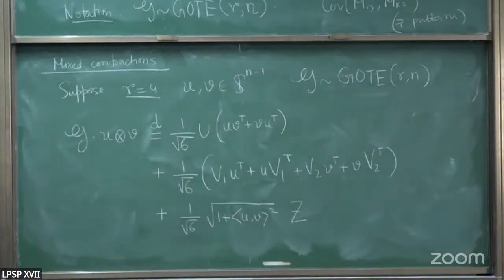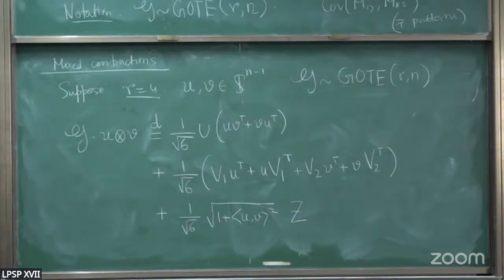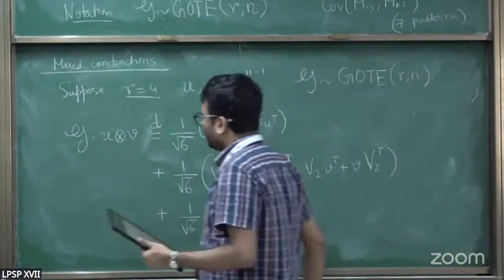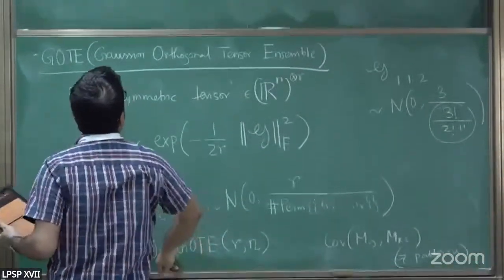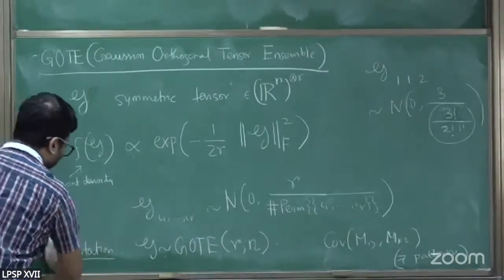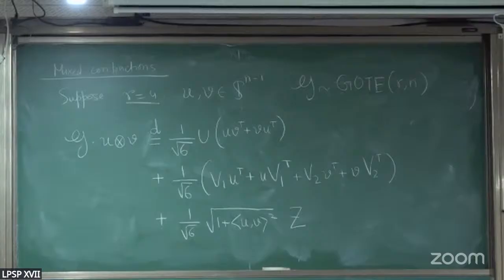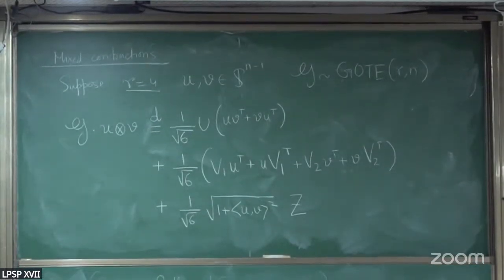This is only for R equal to 4 and 2 directions. What are these U's and V's? Capital U's and capital V's. They are no longer independent, at least the V's are no longer independent. Well, there are two of them, so anyway.